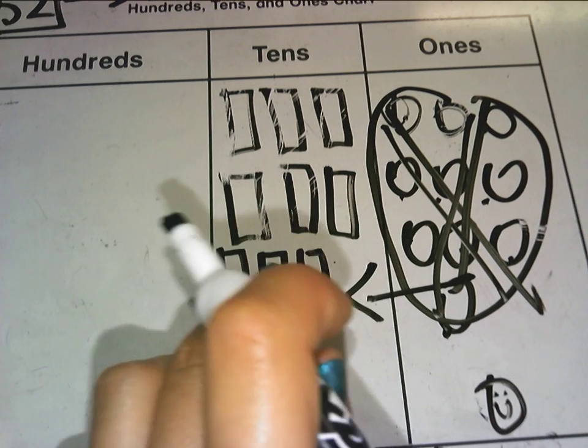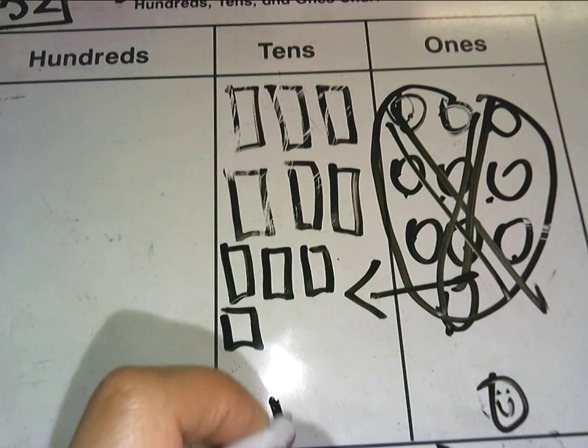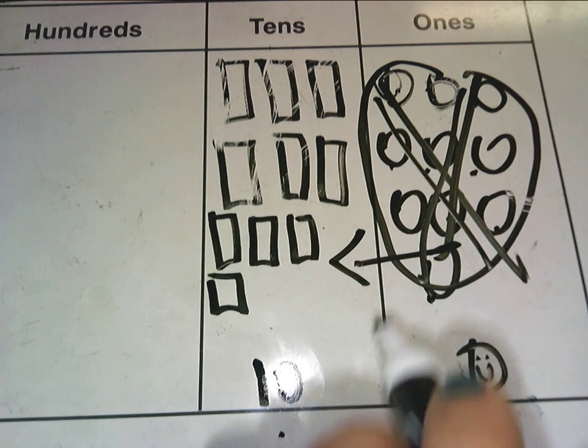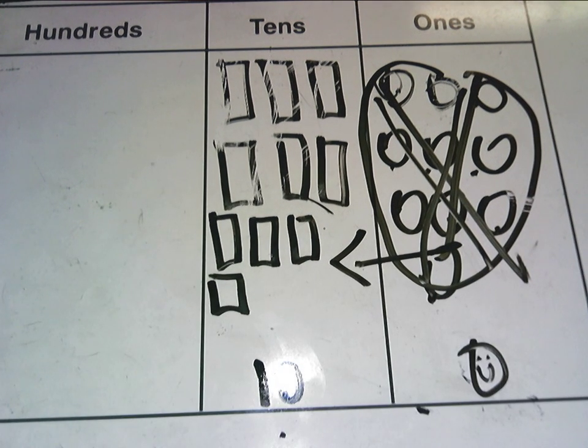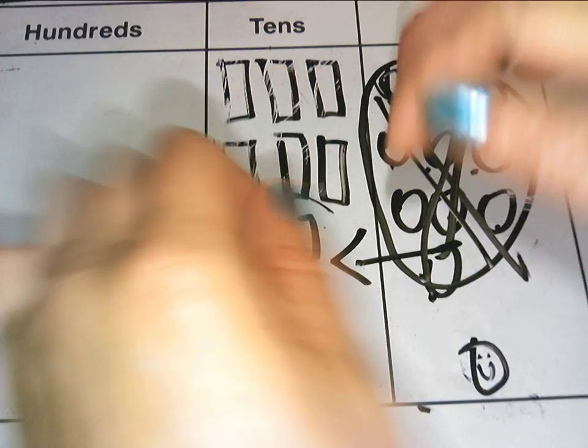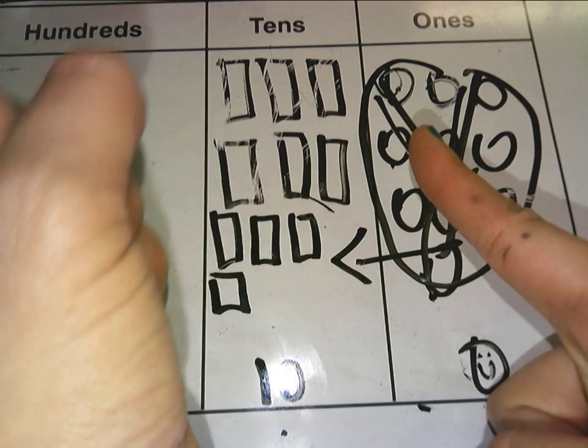So I have 1, 2, 3, 4, 5, 6, 7, 8, 9, 10 tens. But I don't write 10 just like I didn't write 10 here. So what can I do with these 10 tens? If you said regroup, you are correct. 10 tens, you regroup for 100. Okay?